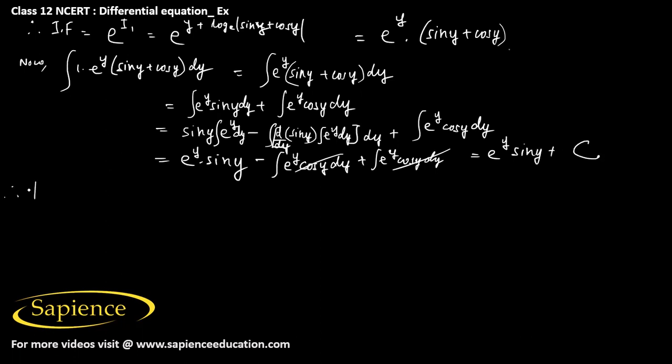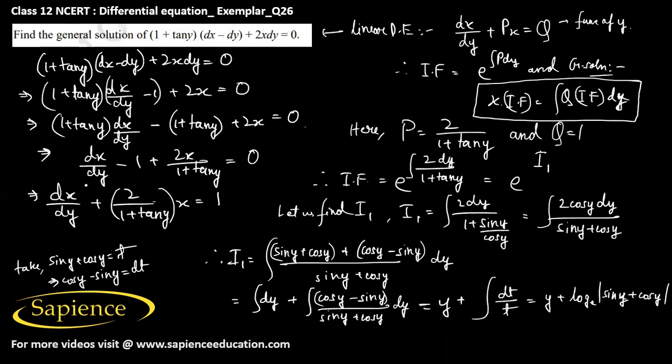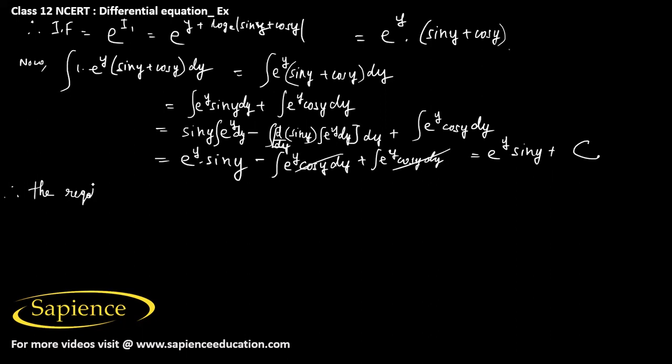So therefore, the required general solution of the given differential equation is x times the integrating factor, which is e power y into sin y plus cos y, equals e power y into sin y plus c.